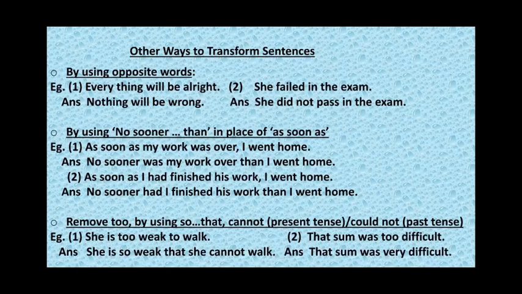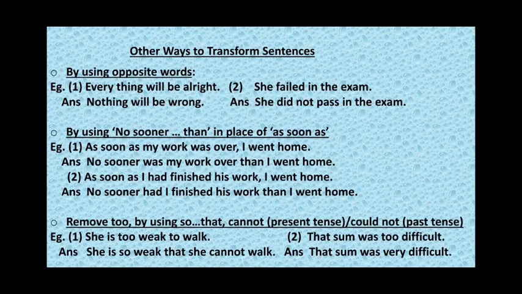Next example. As soon as I had finished his work, I went home. So it is changed as no sooner had I. So you can see in the question we had I had, and in the answer we have interchanged it.